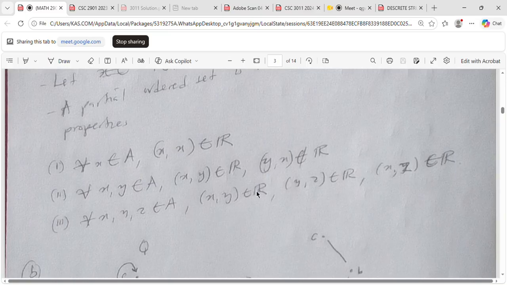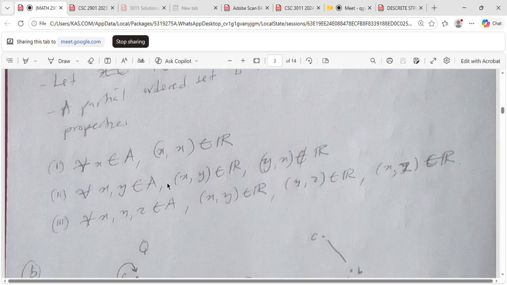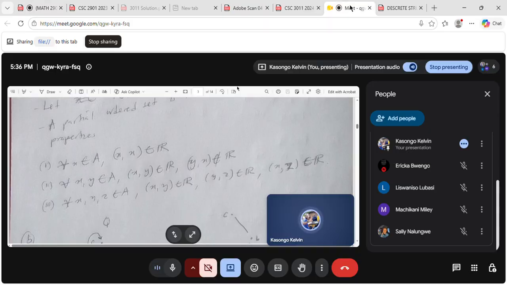Wherever you say x, there are three guys there. Then x and y are related, y and z are related, by default, x and z are related. What property is that, Sally? Sally, are you in the meeting?